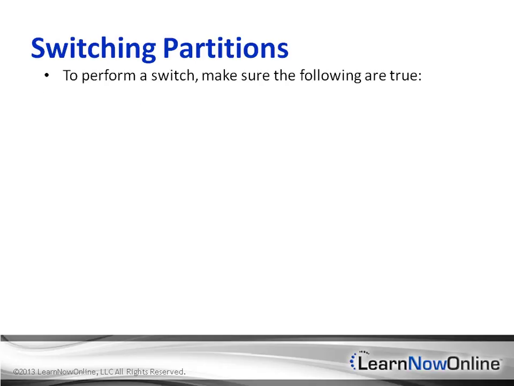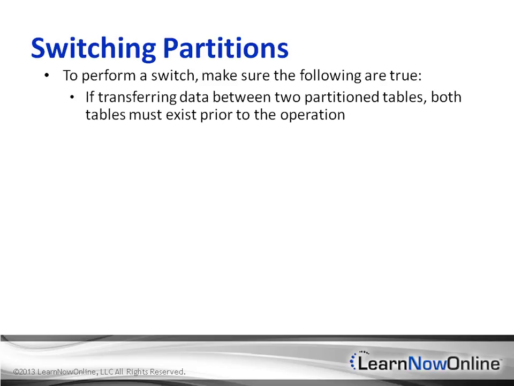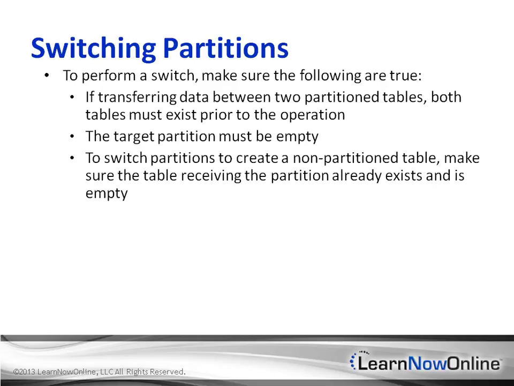So if you want to do a switch, make sure the following are true. If you're going to transfer data between two tables, both tables must exist prior to the operation. The target partition has to be empty. To switch partitions to create a non-partition table, make sure the table receiving the partition already exists and is empty. Kind of makes sense.